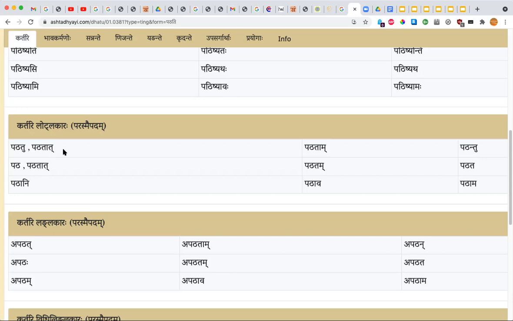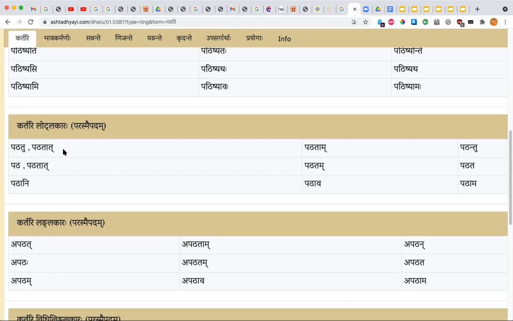Ramaha Patatu, what does that mean? May Rama read. I said Ram, Patatu. I'm telling Ram to read. So, Rama Patatu.